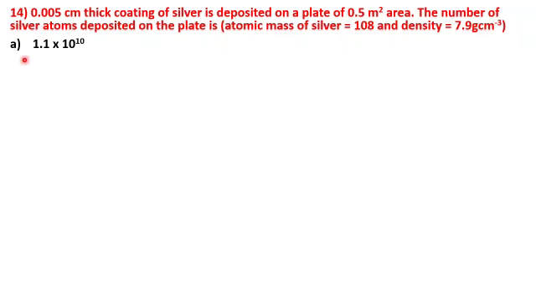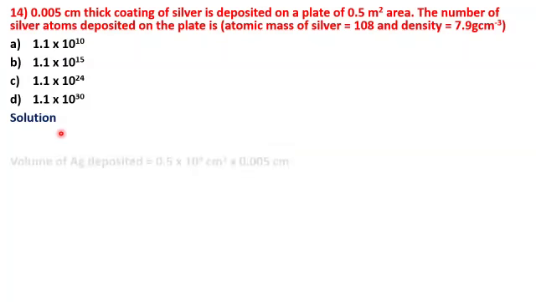So option A 1.1 into 10 raised to 10. Option B 1.1 into 10 raised to 15. Option C 1.1 into 10 raised to 24. And option D 1.1 into 10 raised to 30. Let us solve this one.